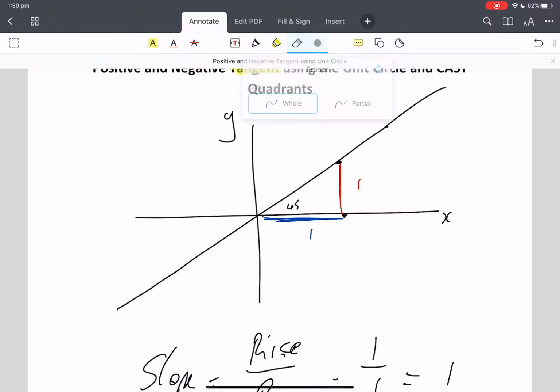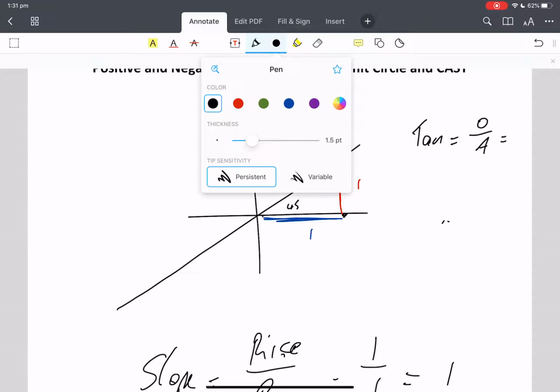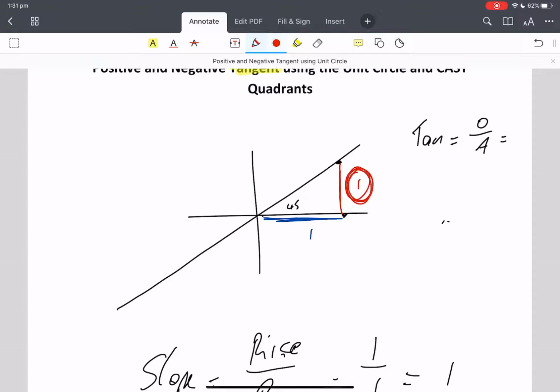If this was just a triangle without any of that, we would go tan is O on A. Well, O is this thing here, and A is that thing there, which are also called different things.